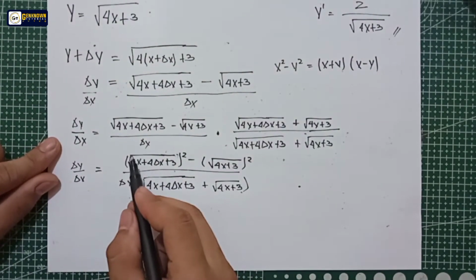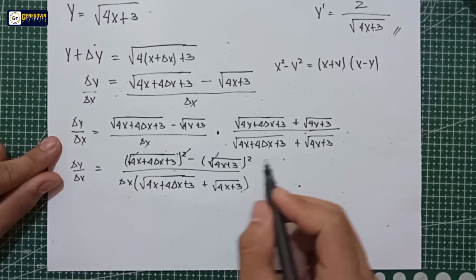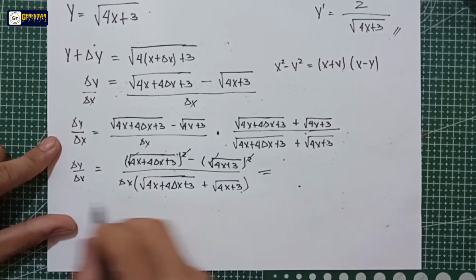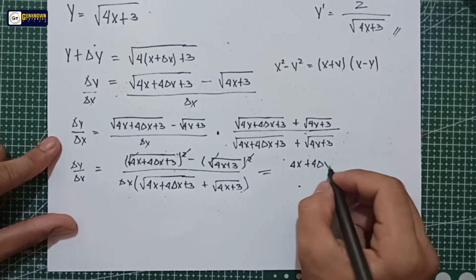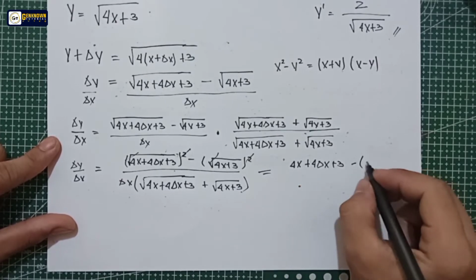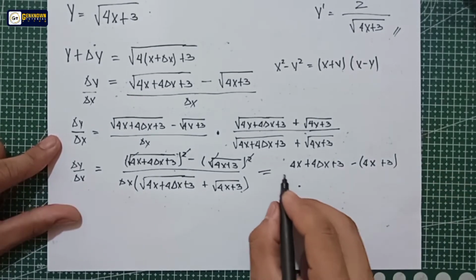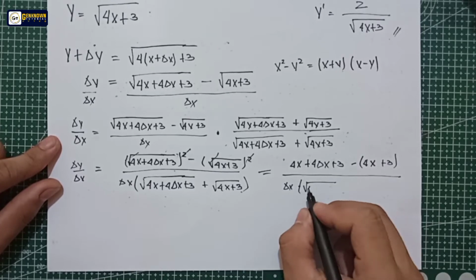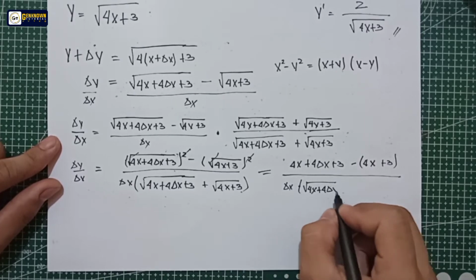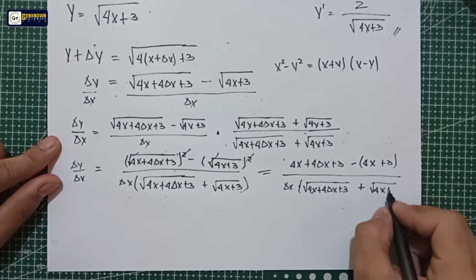So the square root and the square will just cancel out. Same here. So our delta y over delta x is equal to 4x plus 4 delta x plus 3 minus 4x plus 3, all over delta x, multiplied by the square root of 4x plus 4 delta x plus 3 plus the square root of 4x plus 3.